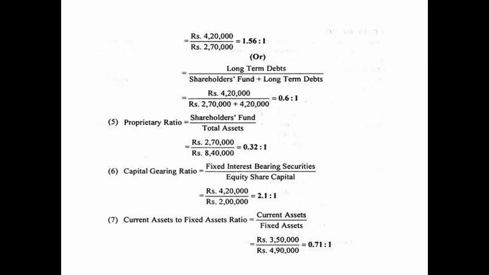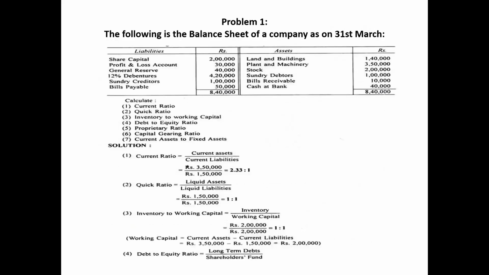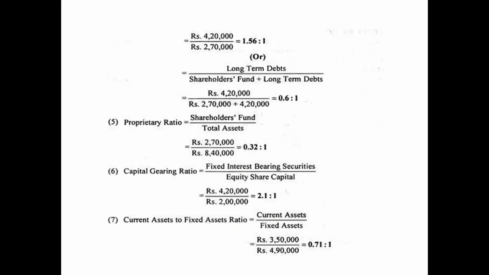So it comes out to be 4,20,000, that is debentures, divided by equity shareholders 2 lakh. The ratio is 2.1:1. You have to take pure equity, you'll not add over here anything, right? Because here you are calculating gearing, okay, that how much is your capital structure geared. So how much is your fixed interest bearing securities in proportion to your equity, right?